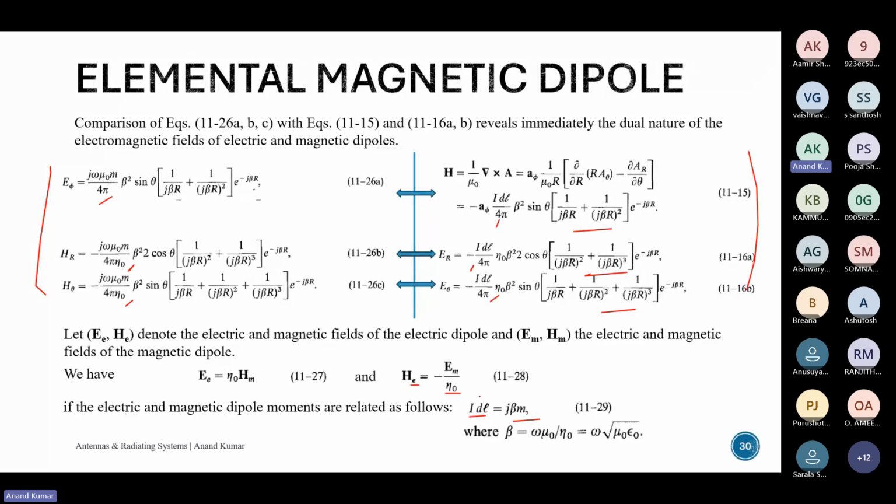IDL, which is the source for an electric dipole, is related to the source for the magnetic dipole, which is beta m, where beta is this expression. So they are the duals of each other. We have established that they follow similar nature, and if we had the expressions for E_e and H_e, we can easily calculate H_m and E_m if we substitute these expressions there.